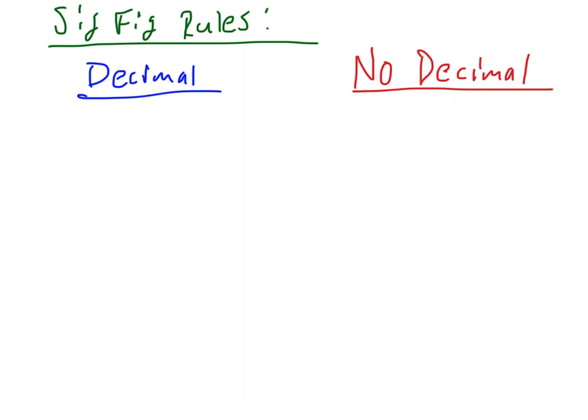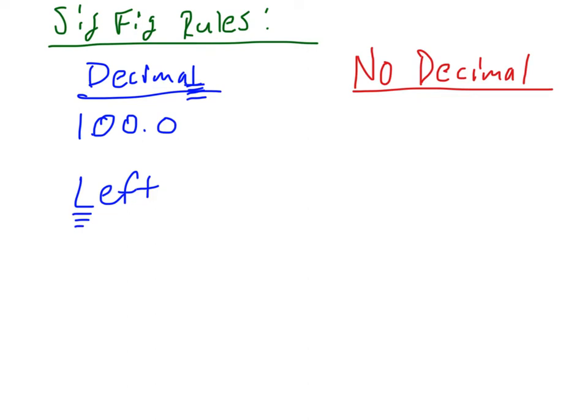Okay, so the first rule is that if there is a decimal in your number, so for example, let's say we've got, I don't know, 100, okay, that has a decimal in it. So if there's a decimal, you start on the left-hand side of your number, and the way I remember that is that decimal has an L in it and left has an L in it.